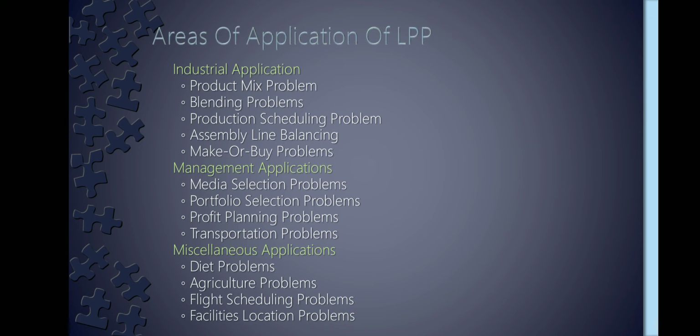In management applications, we use it for media selection problems, portfolio selection problems, profit planning problems, and transportation problems. In miscellaneous applications, we use it for diet, agriculture, flight scheduling, and facility location problems.